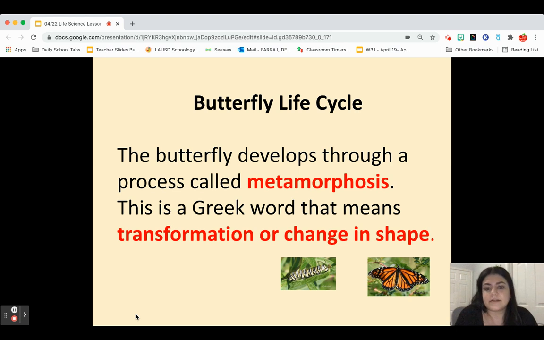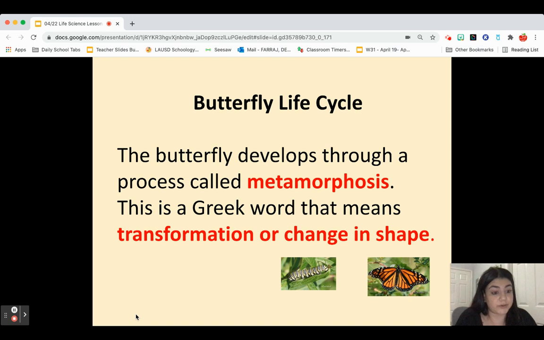The butterfly develops through a process called, and you probably learned this word throughout this week's lessons with your teacher, let's say it together. Metamorphosis. Can you say it 5 times fast? Metamorphosis, metamorphosis, metamorphosis, metamorphosis, metamorphosis. It's a tongue twister.